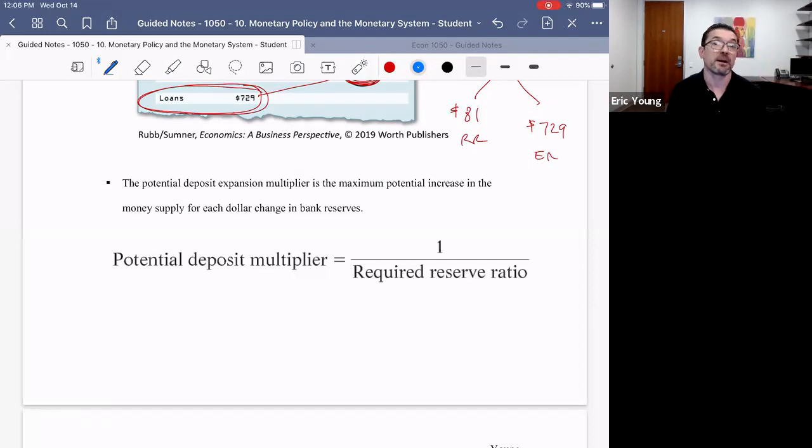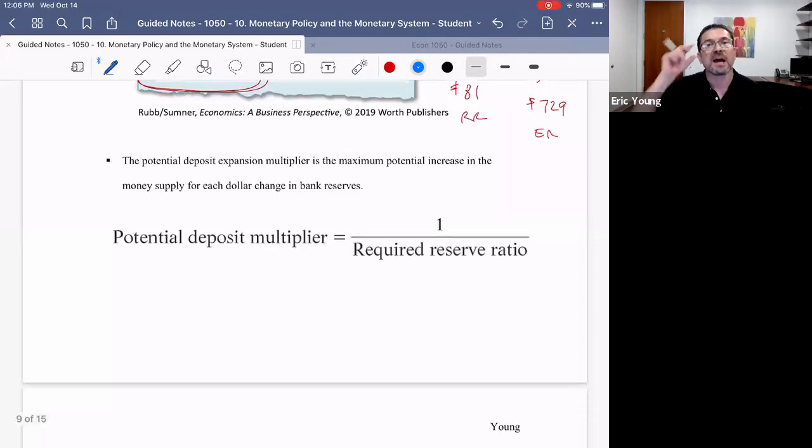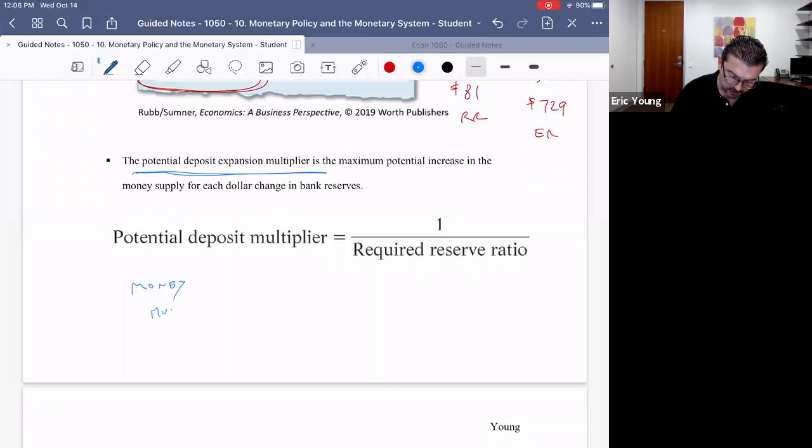Of course, that would be a bit of a pain, so we don't have to do it. Instead, we have a simple formula. We call this the potential deposit expansion multiplier. Or if you want some shorthand, we can just call it the money multiplier.